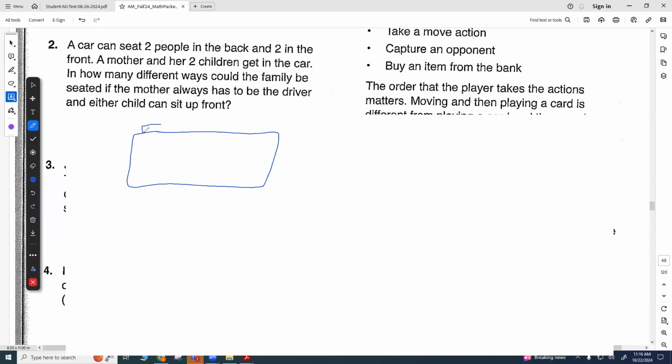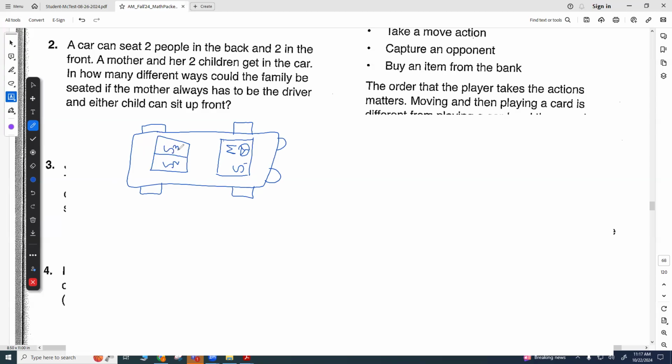Got our outside view of the car. That's the lights of the car. So we have mom is here, and then we have seat 1. And then we have seat 2 and seat 3.